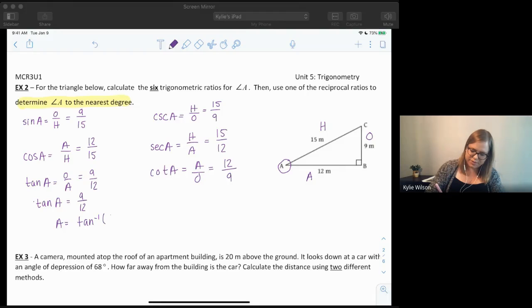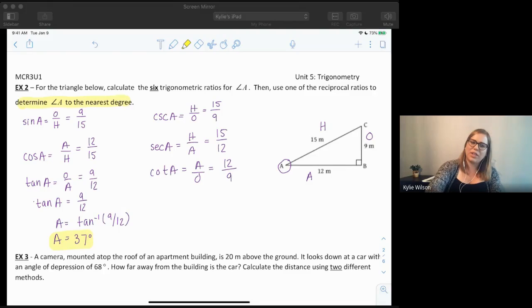So tan inverse 9 over 12. And we will get 36.9 or 37 degrees. And that is our final answer. So the whole thing isn't too crazy challenging, but there are a few pieces that make it kind of hard to remember everything.